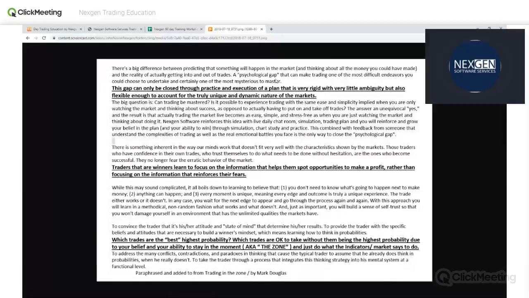There's a psychological gap. And I think everybody who's day traded in the past knows about the gap, right? You can go back and look at a chart and see all the money you're going to make, but it's not always as easy in real time to make that gap, to make that trade or to put your stop there, to be brave enough to take it. You guys know what I'm talking about, right?